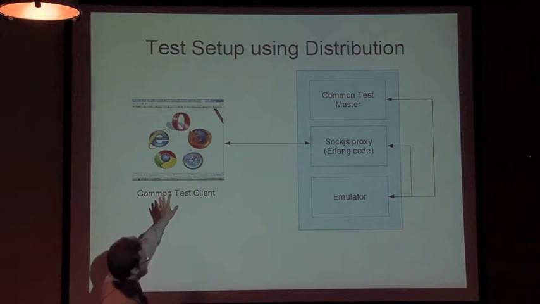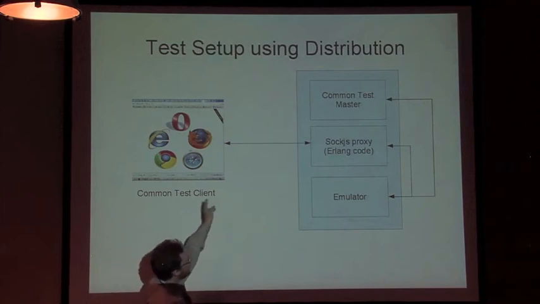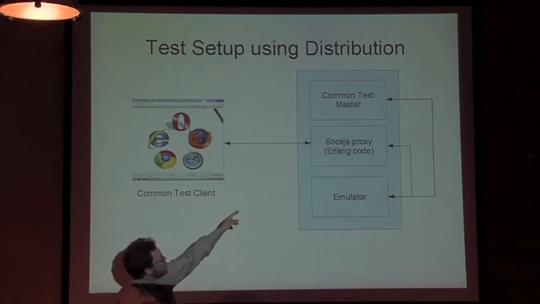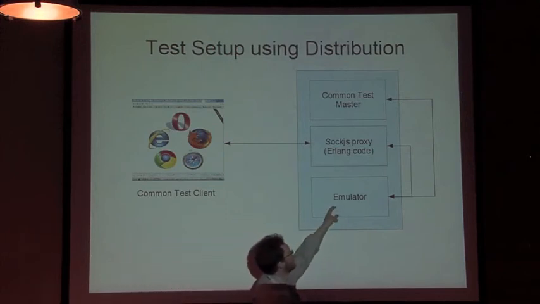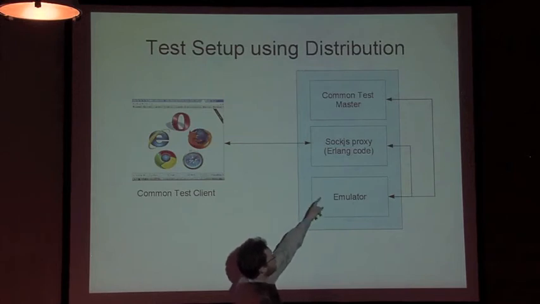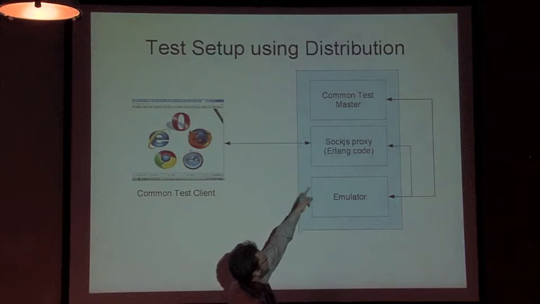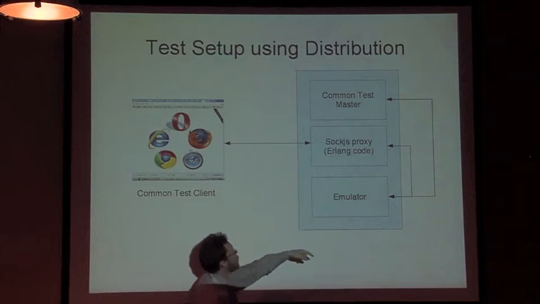Several browsers doesn't really work at the moment, but one browser we can do. And then it connects to a proxy, which translates from sock.js to the format that the emulator, the C code down here, expects. And the proxy is written in Erlang. And then it sends the signals to common test master and the other way around.